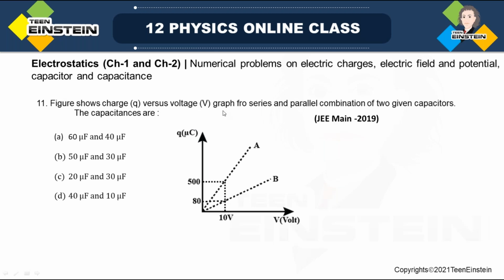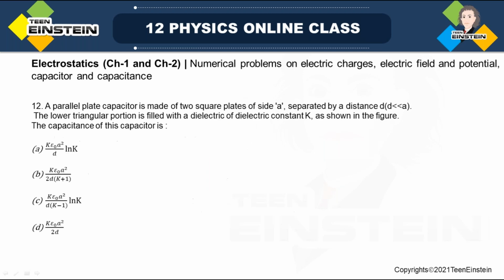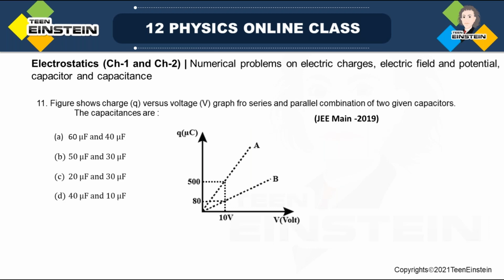So the figure shows a Q versus voltage graph for series and parallel combinations of two given capacitors. So two given capacitors, C1 suppose and C2.